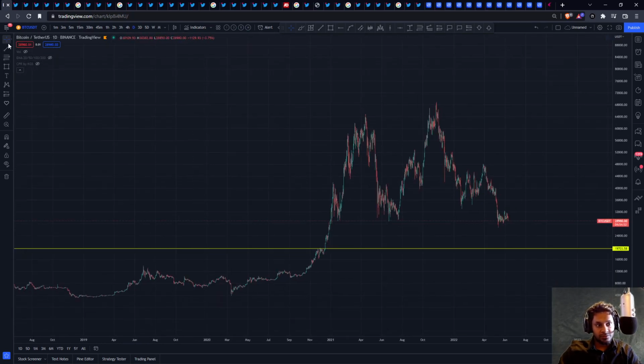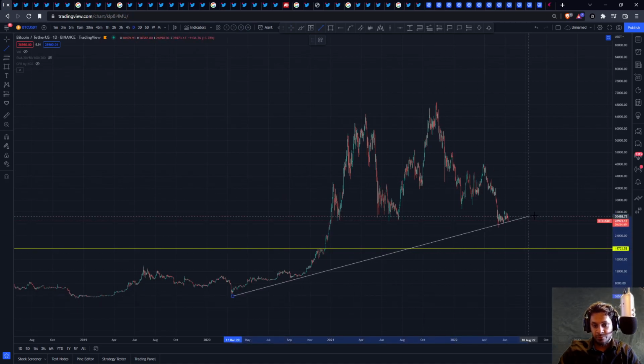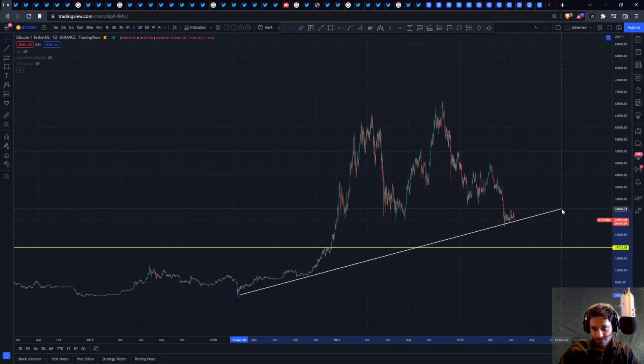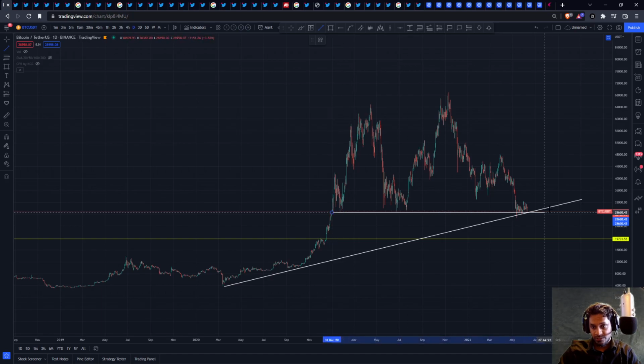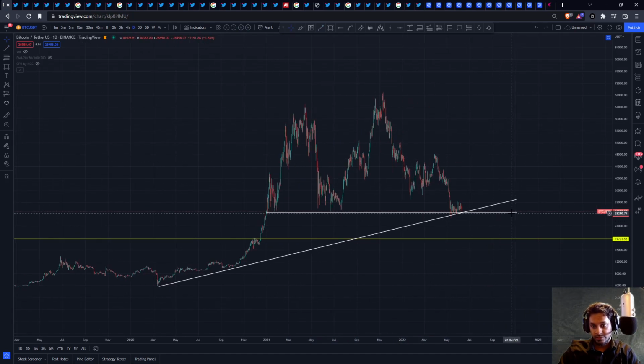So this is the first thing, and this is also a big support line that has been forming and being respected since 2020. I'm going to make this a little bit thicker. Let's make it 2. Then another strong support line that I want to draw is over here, something like this.